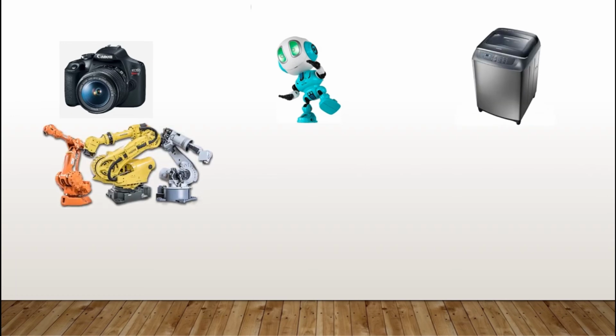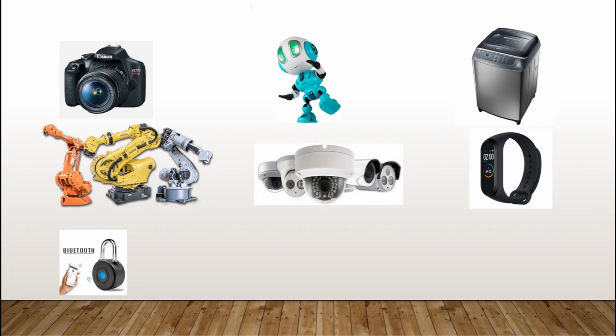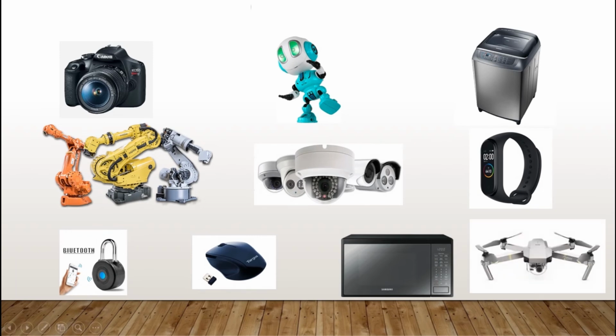A robotic arm programmed to pick and spray in industries. CCTV cameras, smart health bands, Bluetooth operated lock, optical mouses, a cooking microwave oven which performs different cooking procedures at various temperatures with different buttons, and a drone which is controlled wirelessly by a remote and performs different functions by pressing different buttons.